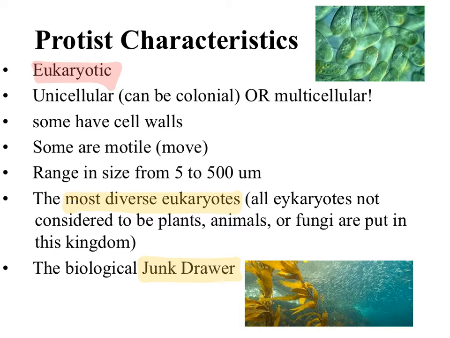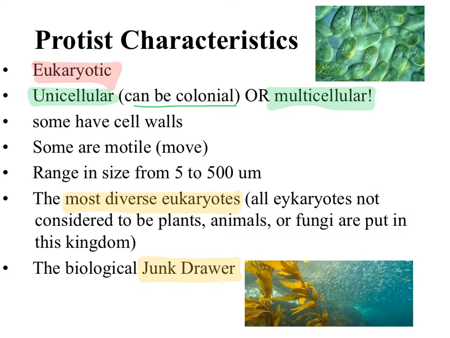Now, keep in mind that biological junk drawer as we go through some of the characteristics, because they can be unicellular, like bacteria, or they can be multicellular, so they can be both. Some of them will also form colonies, so unicellular colonies, which is slightly different from multicellular.